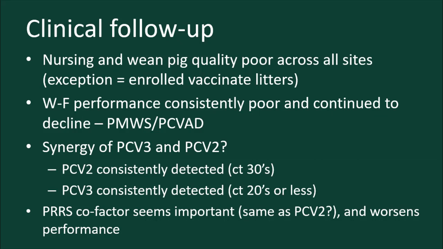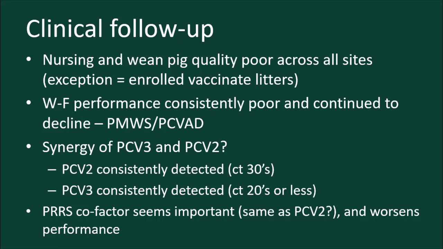Again, with the clinical signs that I've mentioned, as post-weaning multisystemic wasting, PCV-associated disease-like syndromes. So I question in these growing pigs if there is a synergy between PCV3 and PCV2. In these pigs, I consistently detected PCV2 in the CTs in the 30s.